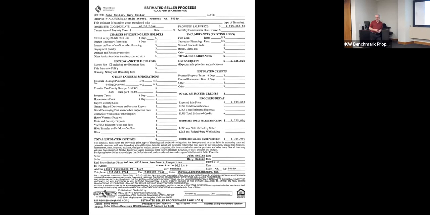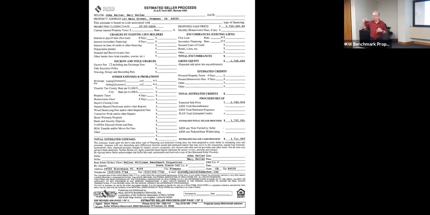The reason I put this up here is because you're going to have situations where they may ask for it. Now, you've got a couple of different ways you can go with this form. One is, if you've opened up a pre-sale escrow, you can ask the escrow officer to prepare an estimated settlement statement. But you're going to have to give the escrow officer a price, a close date, an estimated payoff demand on their existing loan, if there is one, and a commission amount.